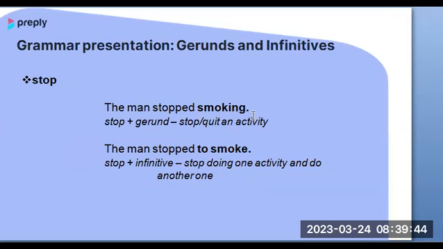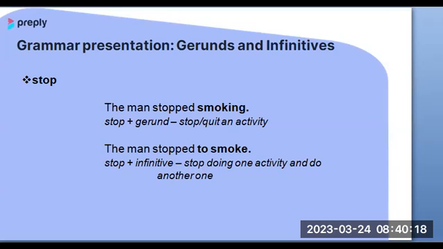What's the difference between 'the man stopped smoking' and 'the man stopped to smoke'? If you're going to add a gerund with the word stop, stop plus gerund, that means to quit, to stop an activity, one activity. On the other hand, if you add an infinitive with the verb stop, that means to stop doing one activity and then do another one.